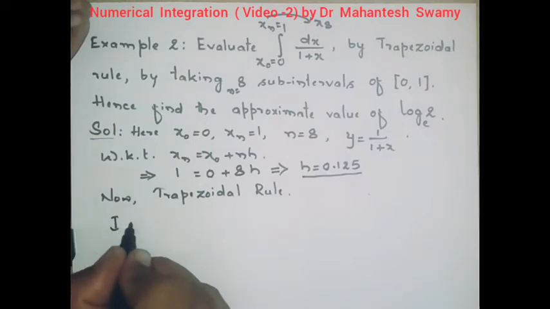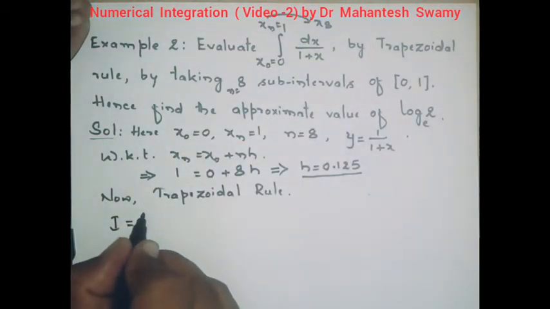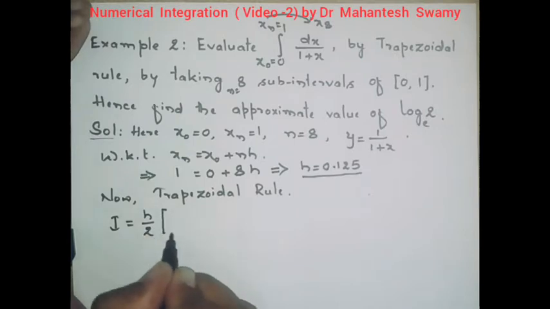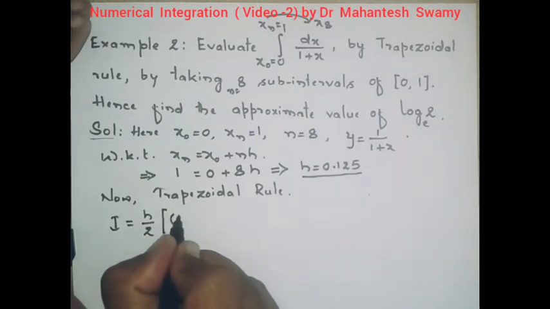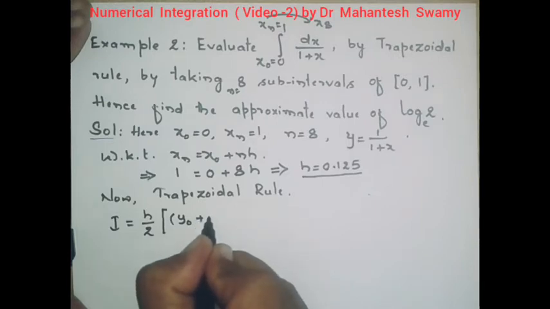The integral I equals half of the interval of differencing, h, into the first value y0 plus the last value yn.